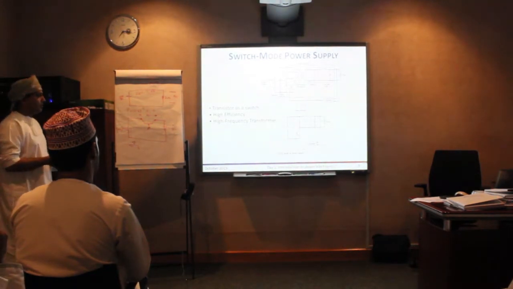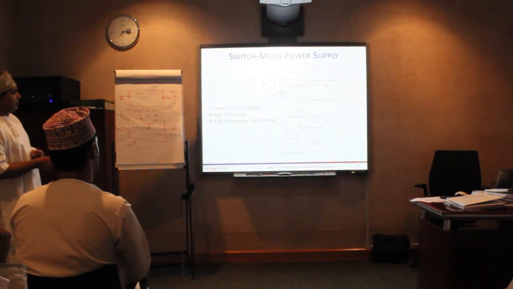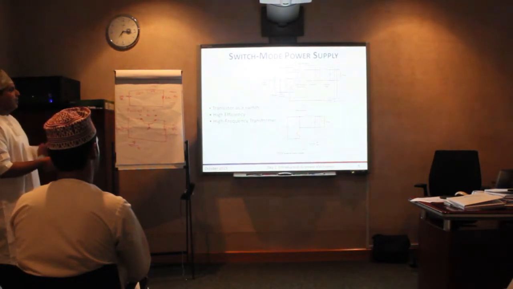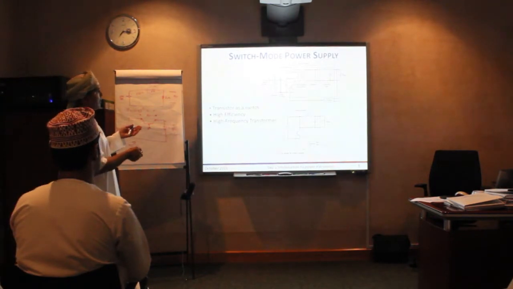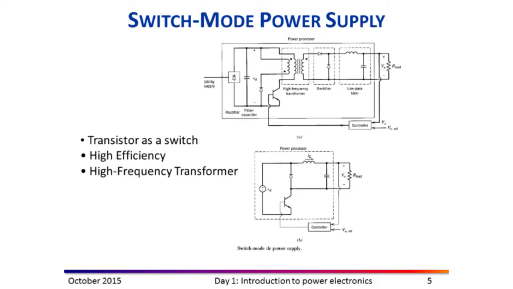Here you will have the utility power supply like 240, and then a diode rectifier to change it to DC, and then add a filter. Then use the process depending on your load type, and regulate this value to get a specific value of voltage.